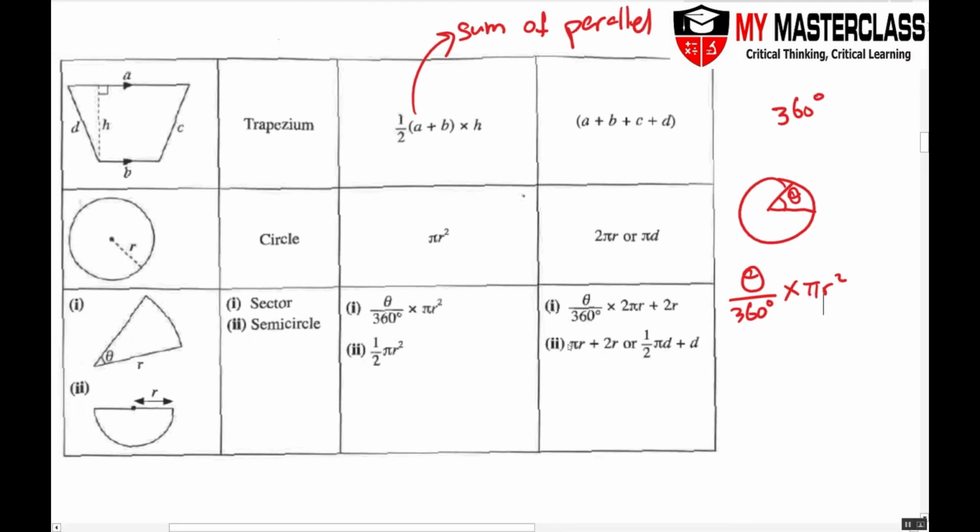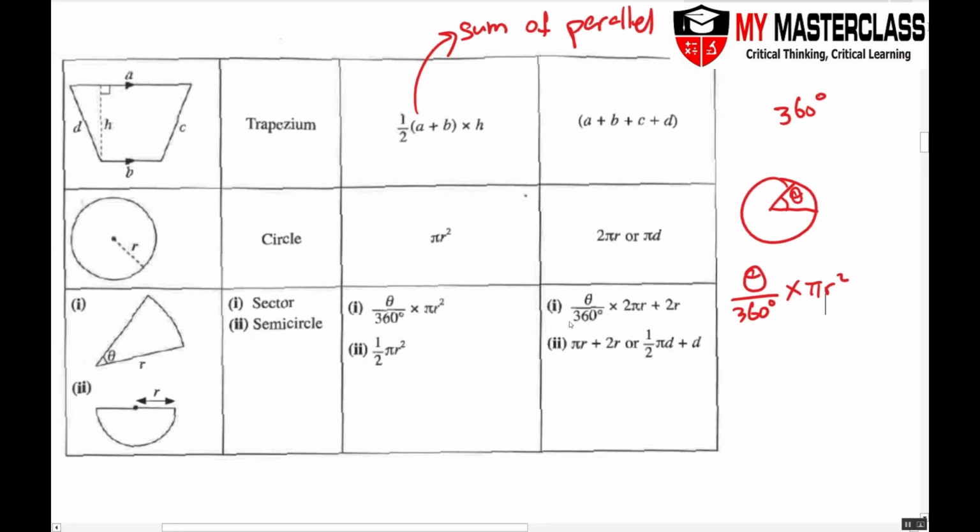Then for your perimeter, what you are calculating for a sector is this curve length here, which is a portion of the circumference of the original circle, plus the two radii here. Same thing, I'm also taking a chunk of the circumference of the circle.